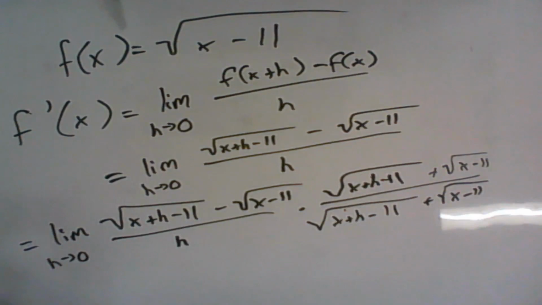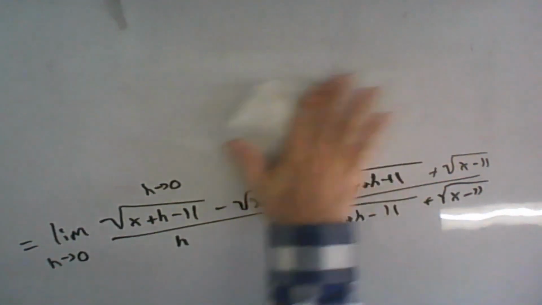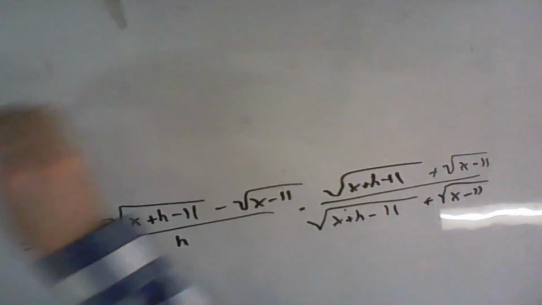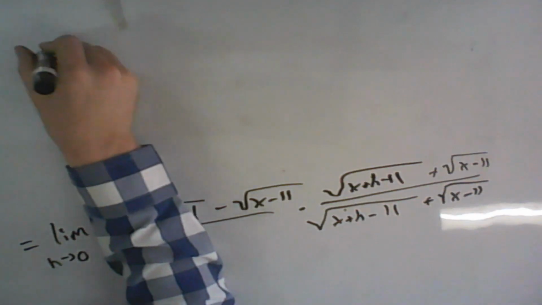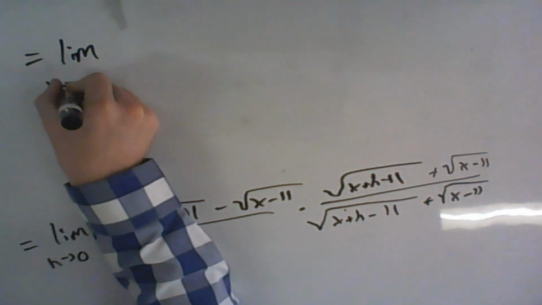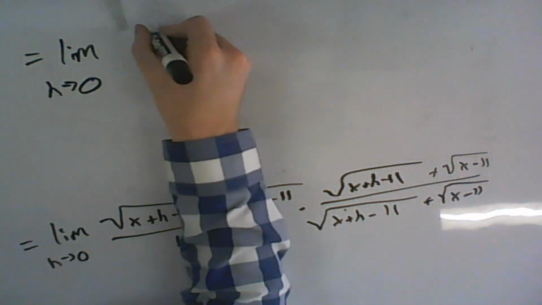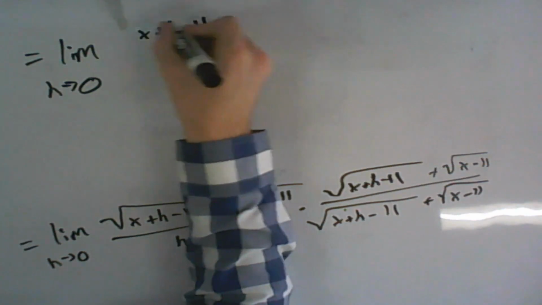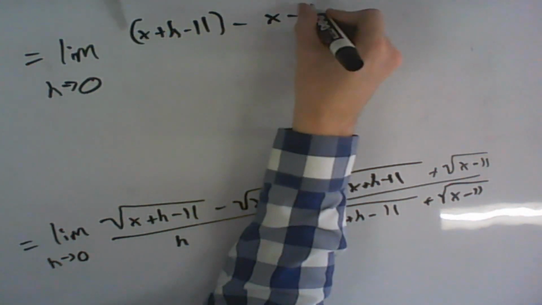Once you multiply by a conjugate, the top just becomes all without the square root, so you get x plus h minus 11 minus x minus 11.